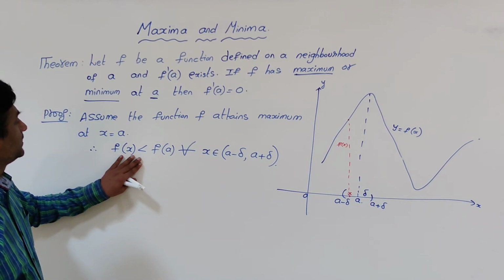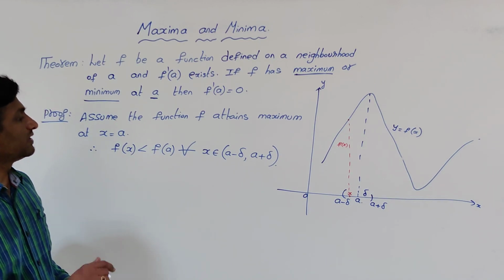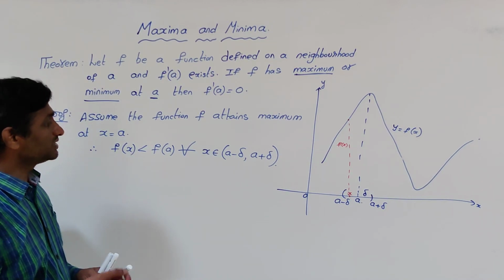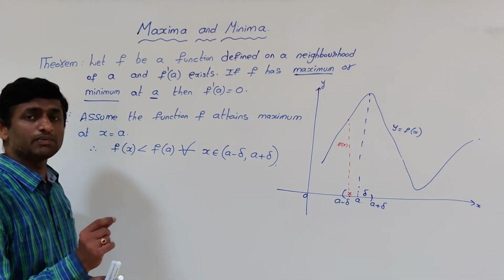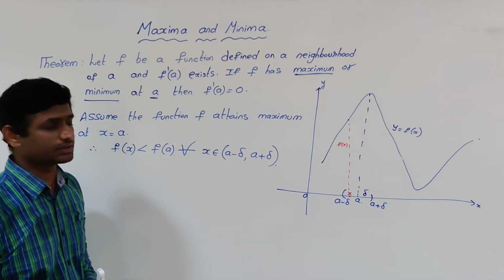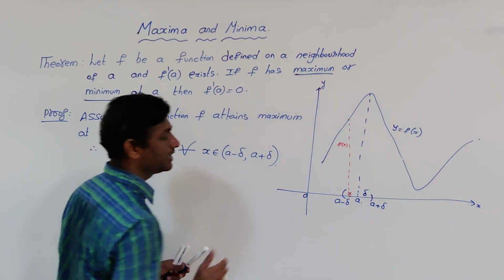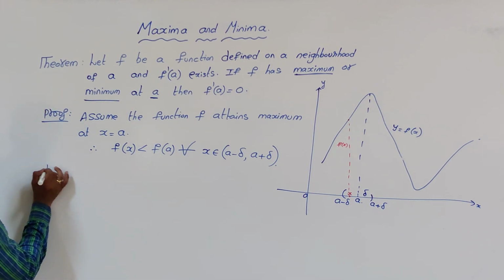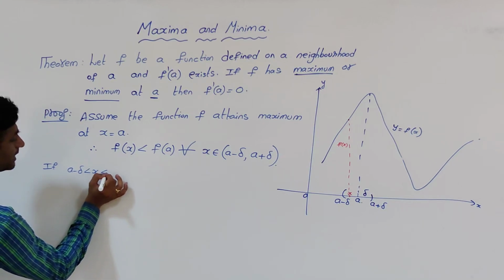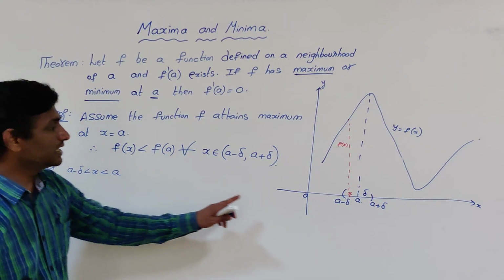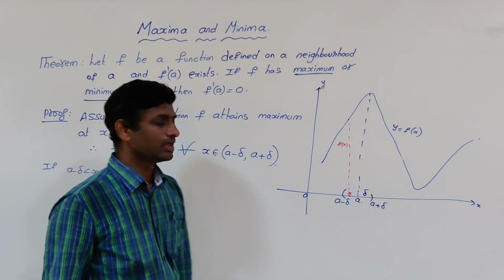So this is our definition, that is f of x less than f of a for all x belongs to the open interval a minus delta comma a plus delta. This is possible when there exists a delta greater than 0, which is a small positive real number. Suppose x lies between a minus delta and a, that is, a minus delta is less than x less than a.